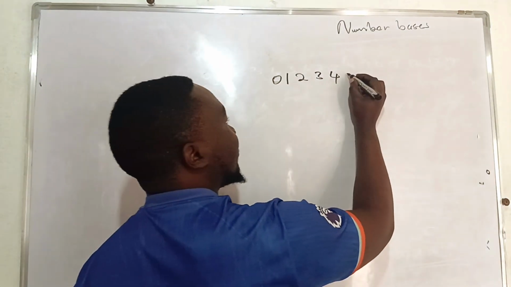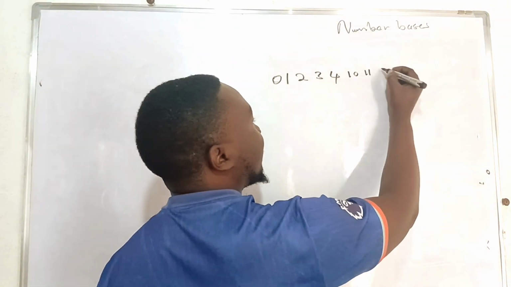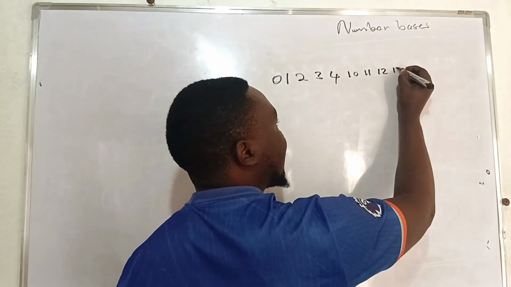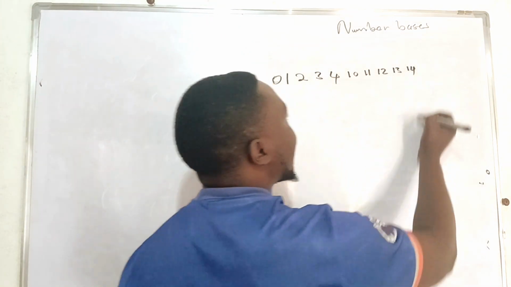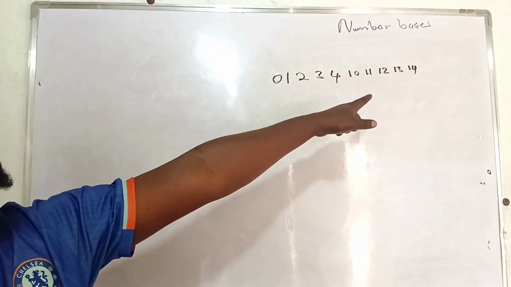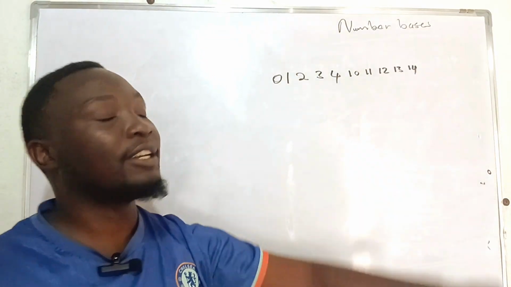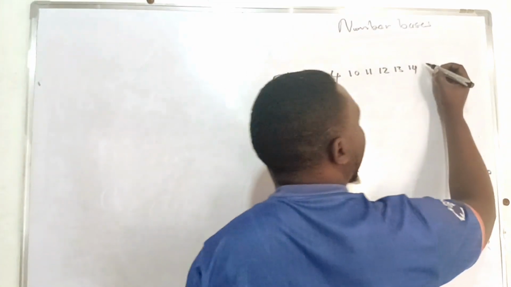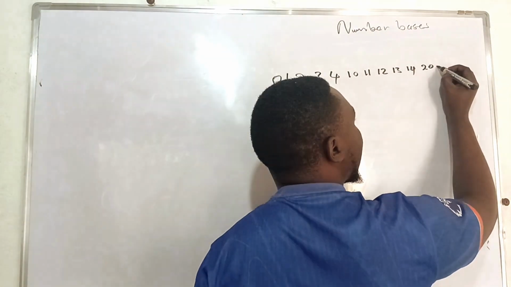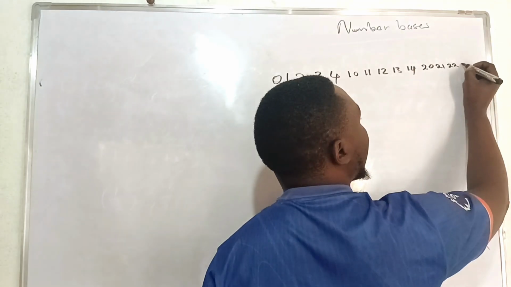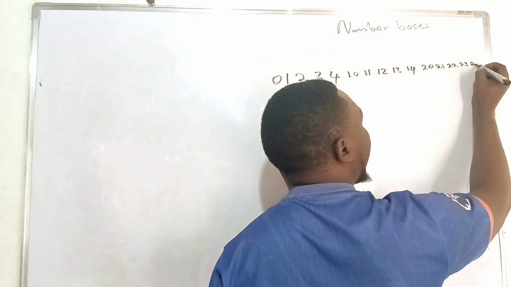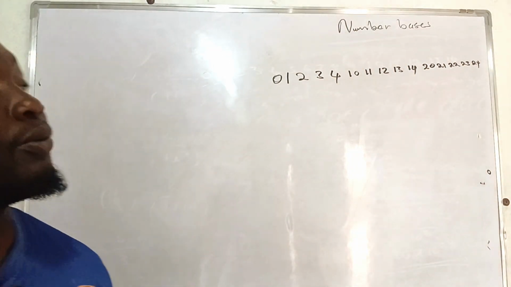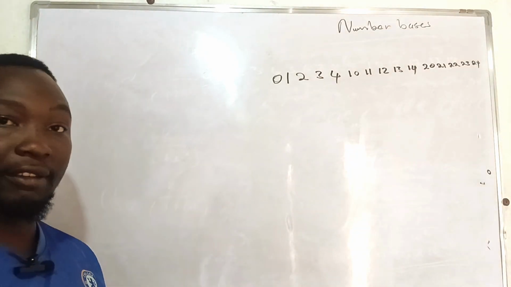So you are going to have 10, 11, 12, 13, 14. Then there is no 15. Any time you reach 5, you carry over. Then you are going to have 20, 21, 22, 23, 24. That's how you count in base 5.